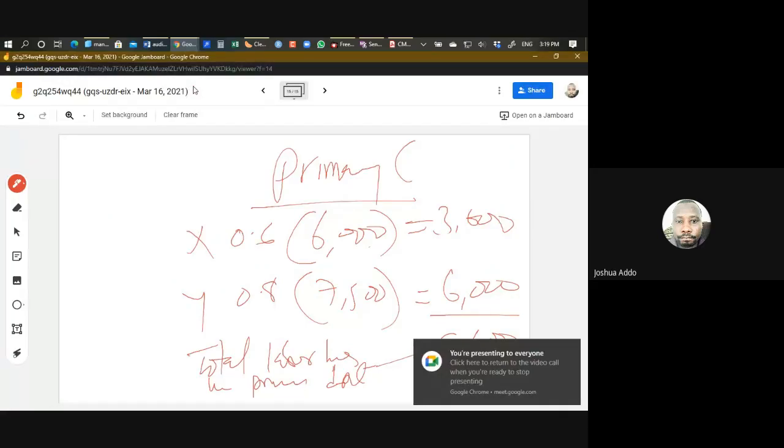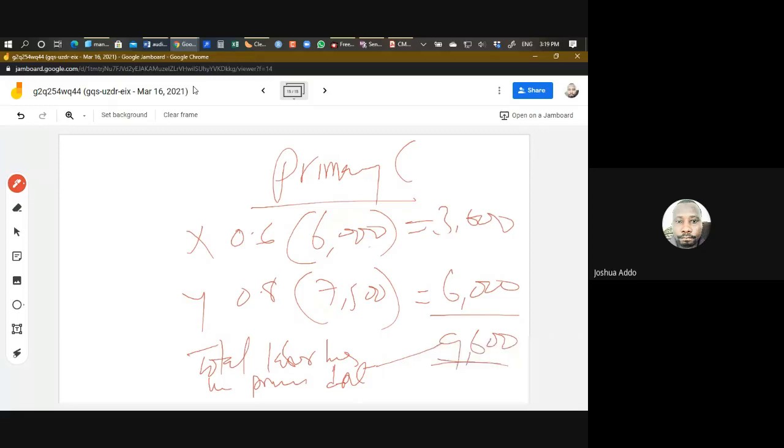Okay, so 9,600 total labor hours. We know that the overhead absorption rate is the budgeted total production overheads divided by the budgeted total labor hours in this case.